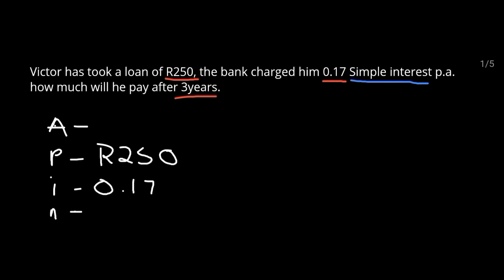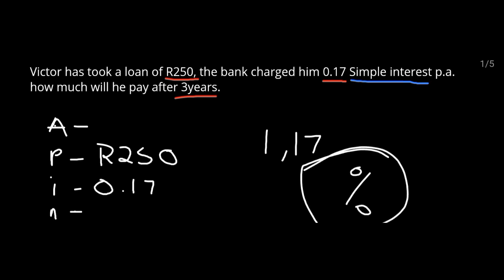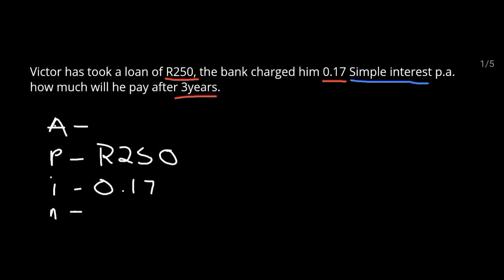How do I know it is in decimal form? Because there is no percentage symbol. This means the interest has already been written as a decimal. If it had the percentage symbol, it would need to be converted.